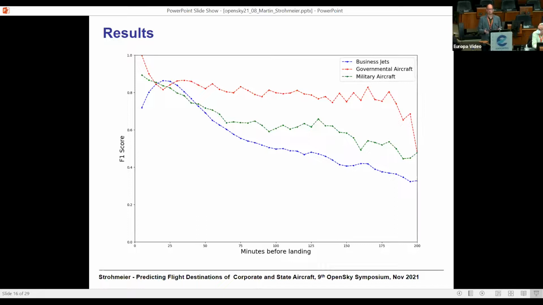So there you learn a lot from the background and the operator and the type. For governments, they also, as you've seen, tend to go to a number of hotspots very often. But it's, as you can see, it works fairly well.